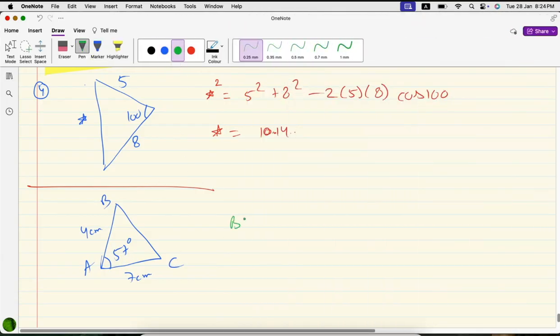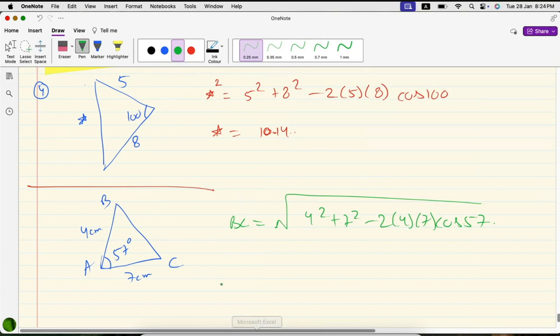So BC is equal to, I'm just saving time and writing it directly, square root of 4 square plus 7 square minus 2 into 4 into 7 into cos of 57. And I'm getting 5.87 centimeters.